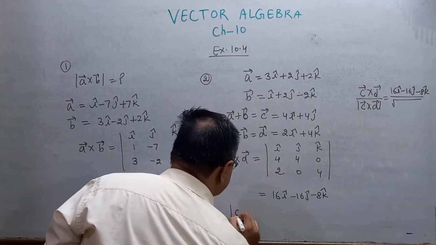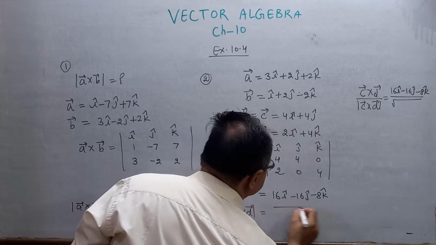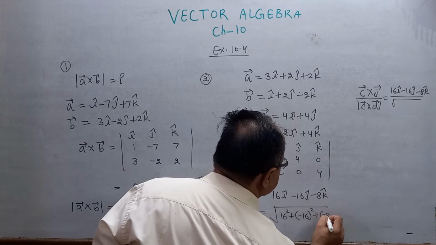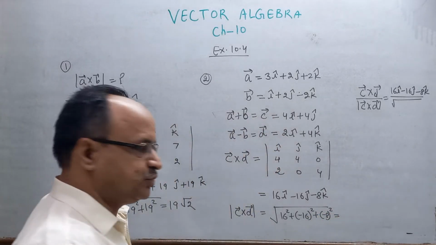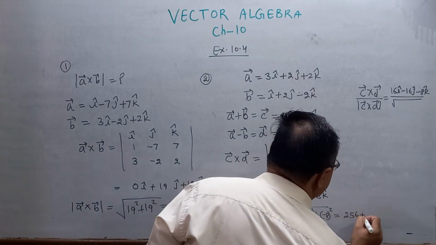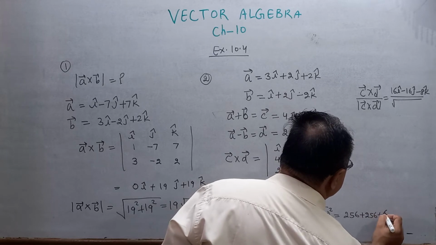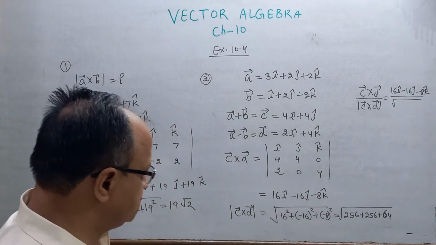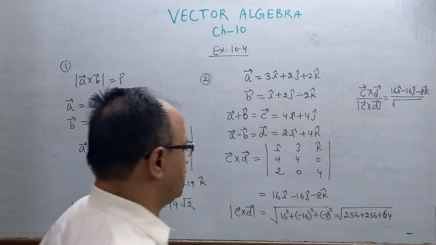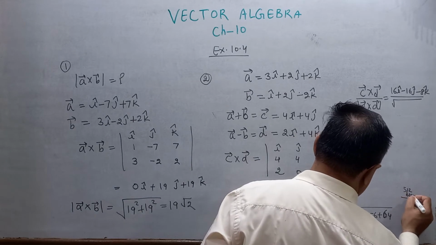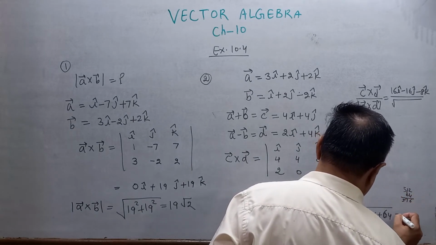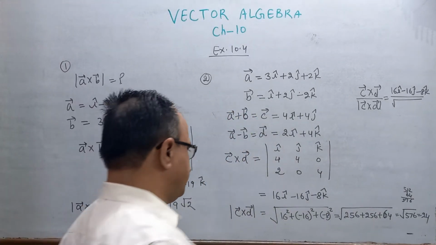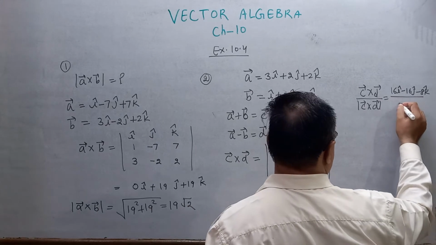How can you find the magnitude of C cross D? 16 square plus minus 16 square plus minus 8 square. 16 square is 256. 256 plus 256 plus 64. 256 plus 256 is 512. 512 plus 64 is 576, the square root of which is 24. So the magnitude is equal to 24.